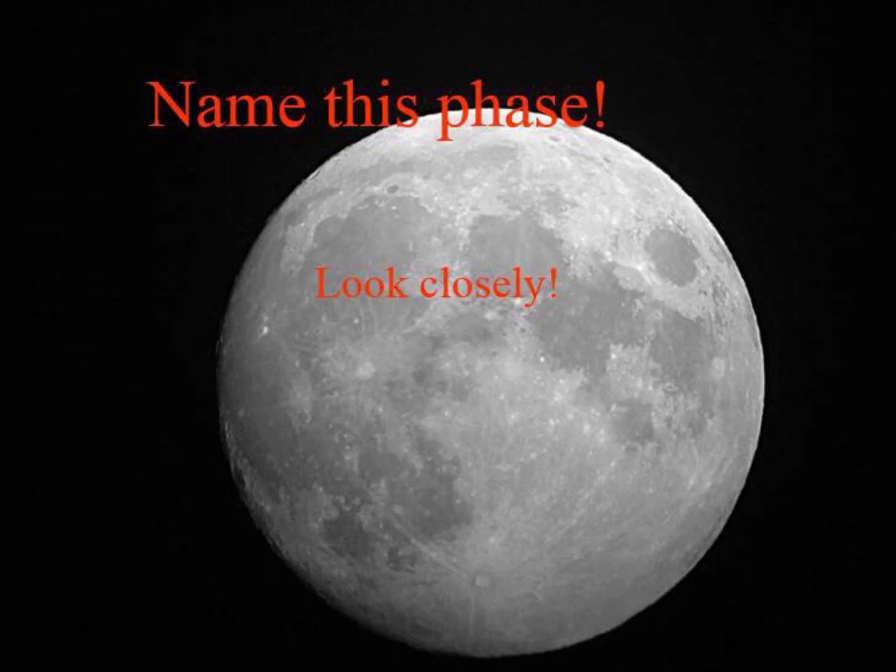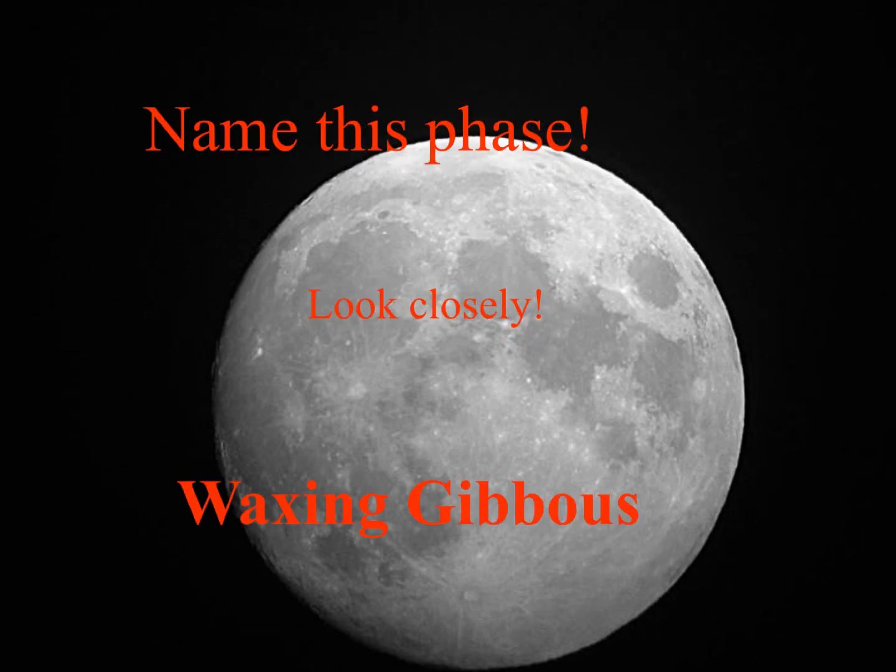What about this one? Be super careful. It looks full, but it isn't. Can you see this tiny bit of shadowiness here? It's not quite fully lit. The dark is on the left, so it's lit on the right, a waxing gibbous.